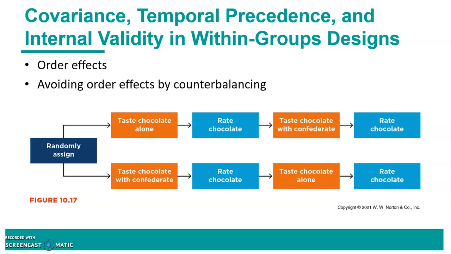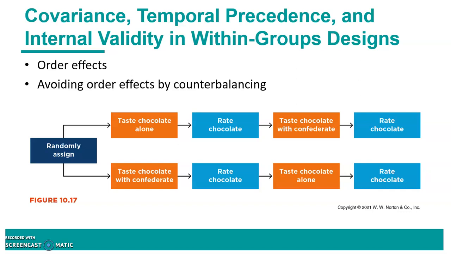In this chocolate tasting study, if you had everybody taste chocolate first with somebody else eating chocolate with them, and then taste chocolate alone. The idea of this experiment was to see if having a shared experience with somebody else would enhance the experience of tasting the chocolate.